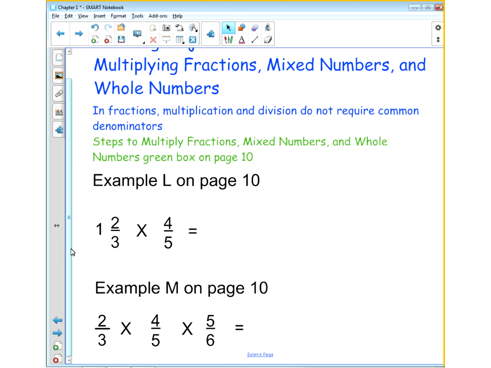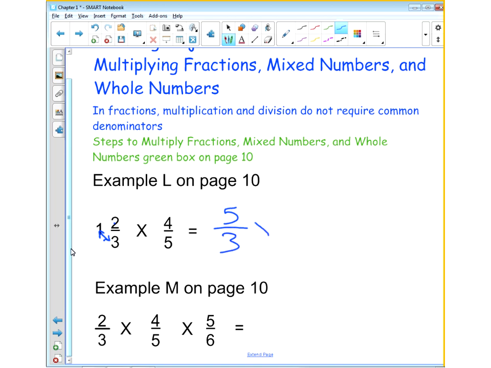Okay, so we've got 1 2/3 times 4/5. All right, so the first step is change any mixed or whole numbers to an improper fraction. So I've got a mixed number, 1 2/3. So remember, I'm going to take 1 times 3, gives me 3, plus 2 is 5.